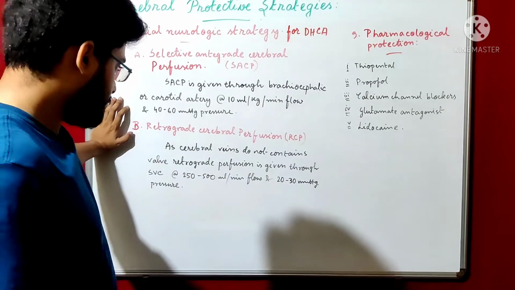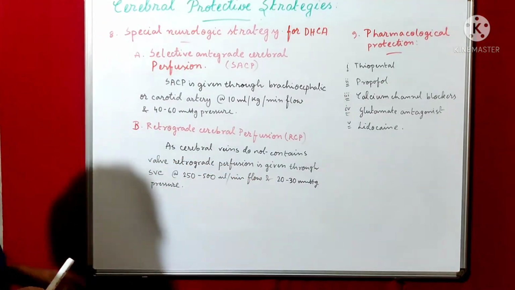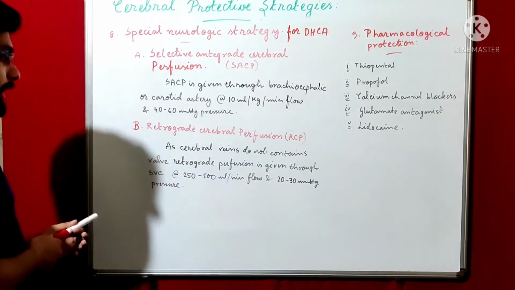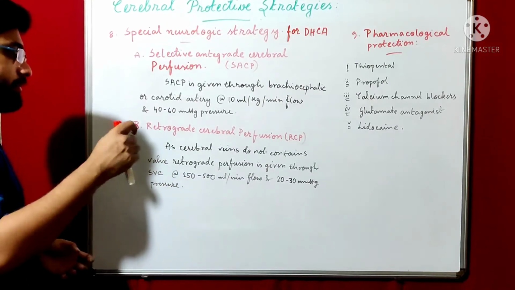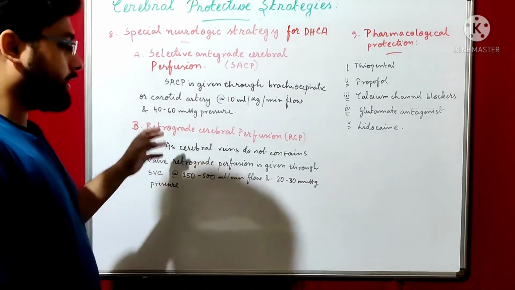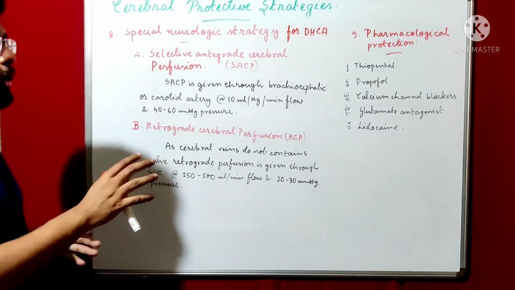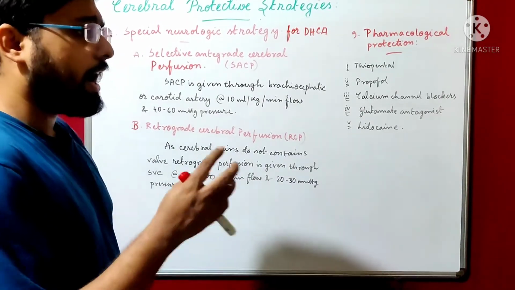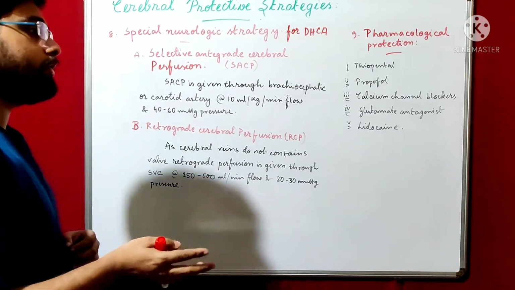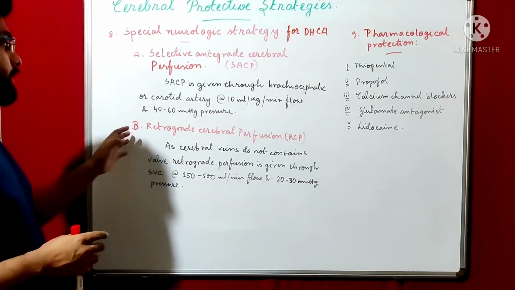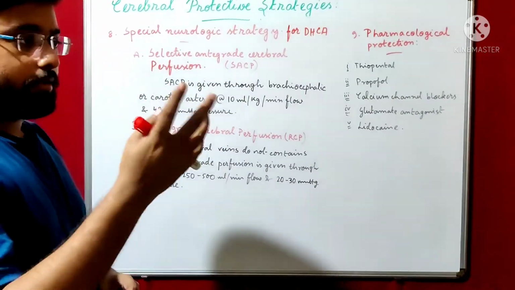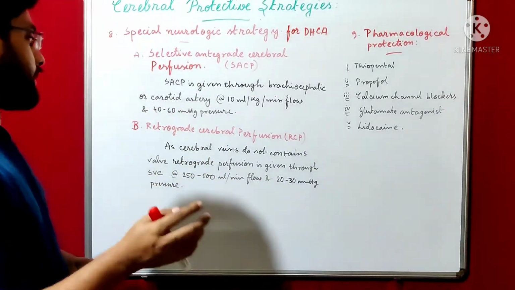As cerebral veins do not contain valves, we can give the retrograde perfusion through the SVC, and when we connect the arterial line to the SVC and give flow, that will go directly to the brain and not to the arms, because the veins in our arms contain valves. They will not allow retrograde passage of blood, but only the veins in the brain will allow retrograde passage of blood.